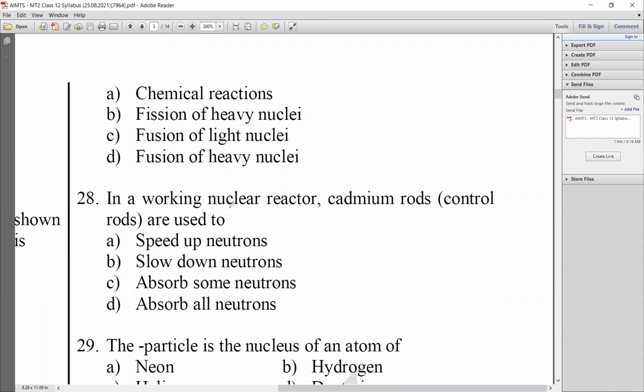Next, in a working nuclear reactor, cadmium rods, these are control rods. They are used to speed up neutrons, slow down neutrons, absorb some neutrons, or absorb all neutrons. Cadmium rods absorb the neutrons.